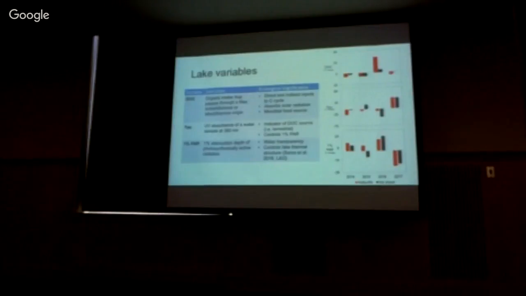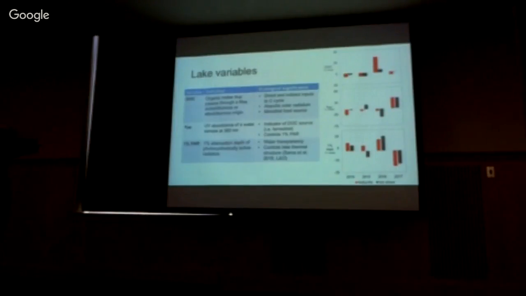It's the 1% attenuation depth of photosynthetically active radiation. So basically, water transparency. If you have a deeper PAR, you have greater water transparency. With a higher A380 value, you have a lower PAR. They're very closely connected. And PAR is important for controlling lake thermal structure in this area.